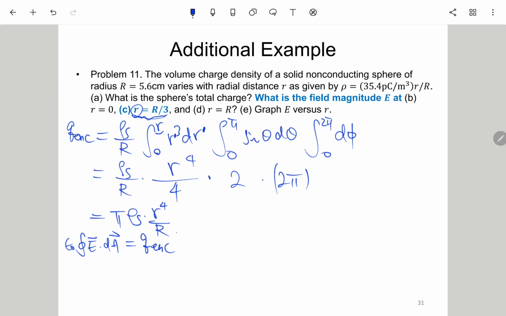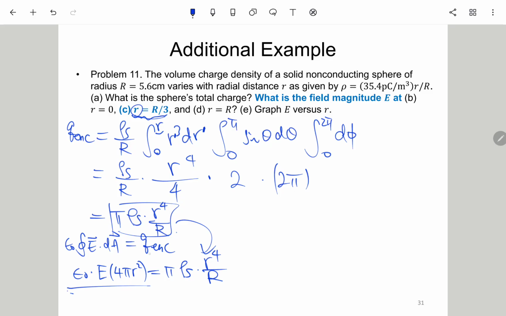So it turns out to be epsilon naught times E times 4 pi R squared equals pi rho s times R to the 4th power over R. This one and this one partly cancel, and this pi and this pi can also be cancelled.